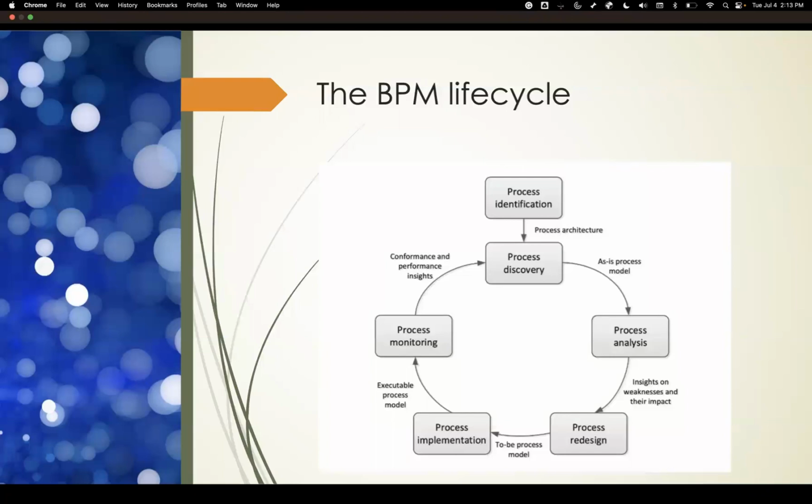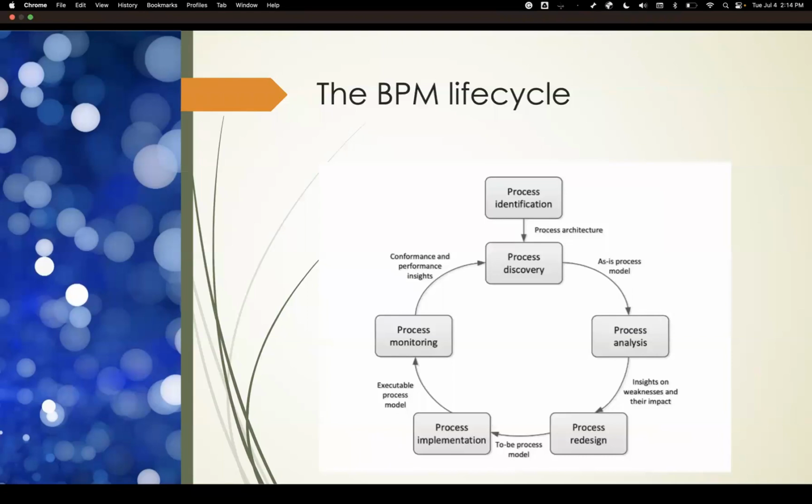In process identification, a business problem is posed. Processes relevant to the problem being addressed are identified, delimited, and interrelated.